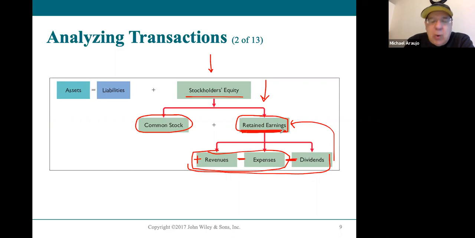Dividends basically take away from retained earnings. Expenses take away from retained earnings, right? Because they take away from the profit. Revenue is where our profits are. So revenues are going to add to our profits. More revenues mean likely more retained earnings, because more revenue would likely mean more profits for us. Okay, that's a very important aspect to understand here.